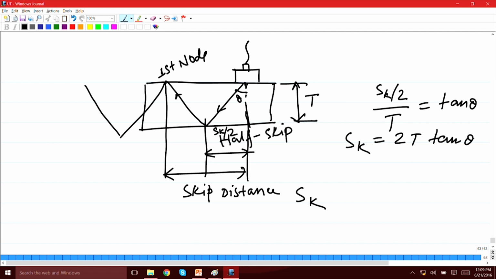Okay. So, this is how you can find out for a given thickness and for a given beam angle what will be the skip distance.